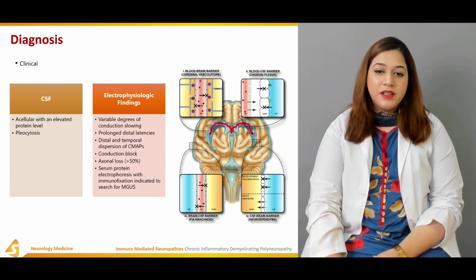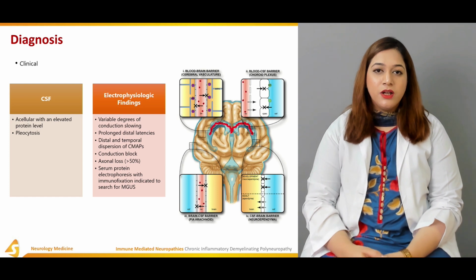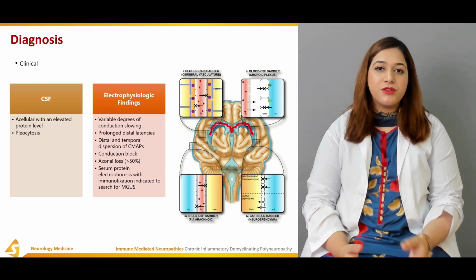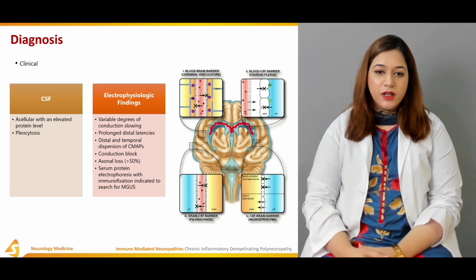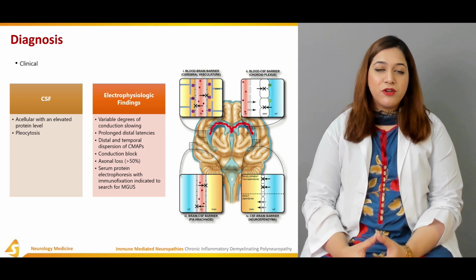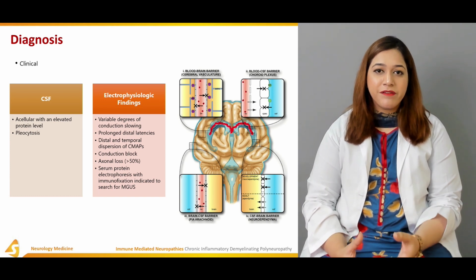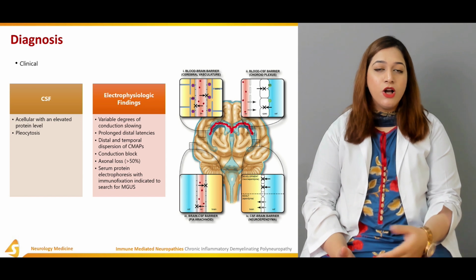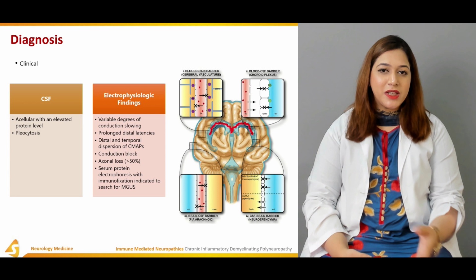Besides these tests, there are certain other tests such as a blood test or an MRI, which are helpful in order to differentiate the other causes of weakness. A CSF pleocytosis, as with GBS, should lead to the consideration of HIV, leukemia, lymphoma, or neurosarcoidosis instead of CIDP.